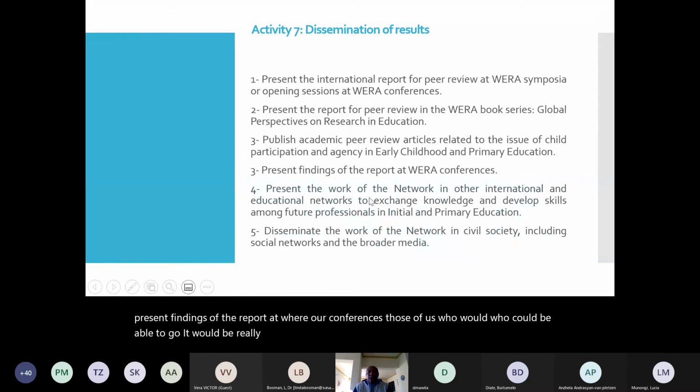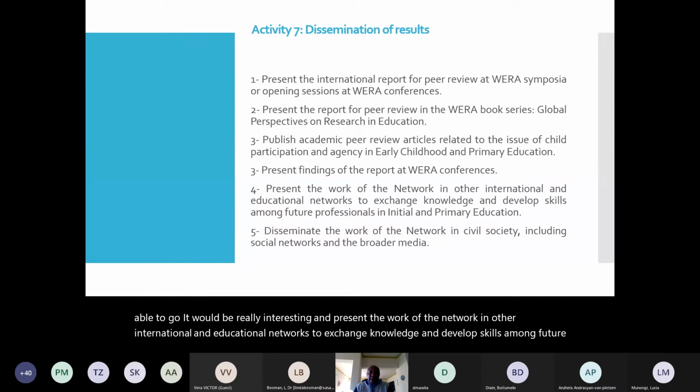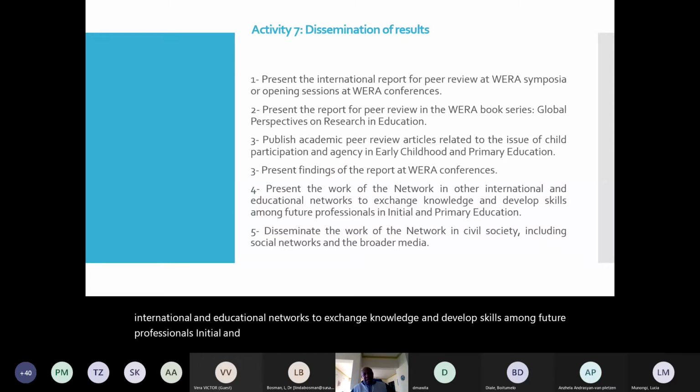And present the work of the network in other international and educational networks to exchange knowledge and develop skills among future professionals in initial and primary education, as well as disseminating the work of the networks to civil society, including social networks and broader media.